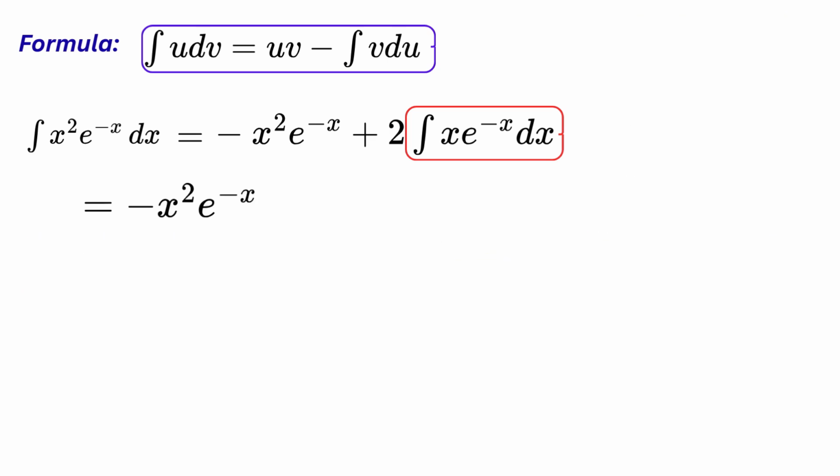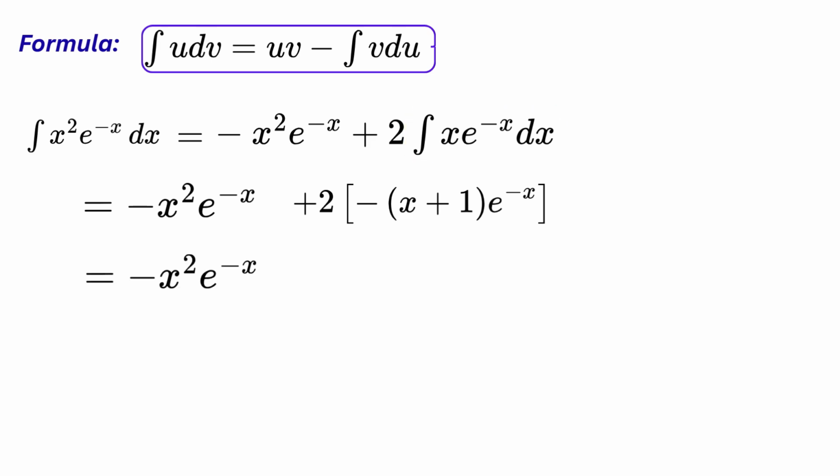Minus x squared e to the power of minus x plus 2 open bracket minus open parenthesis x plus 1 close parenthesis e to the power of minus x close bracket. Expand: equals minus x squared e to the power of minus x minus 2x e to the power of minus x minus 2 e to the power of minus x.